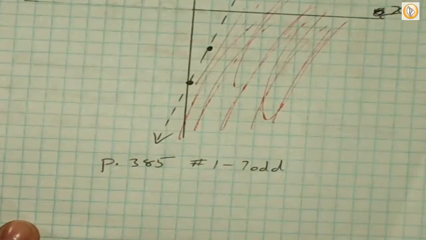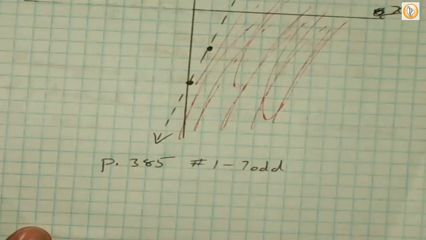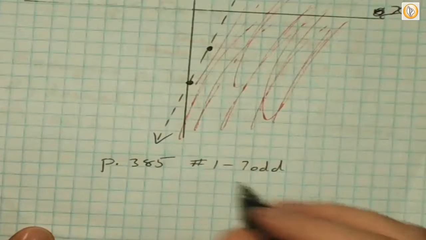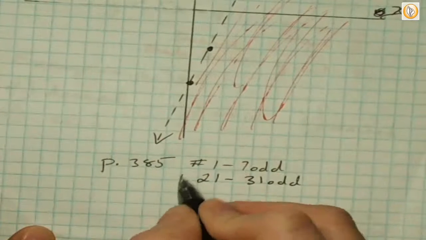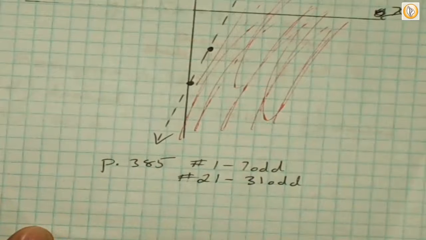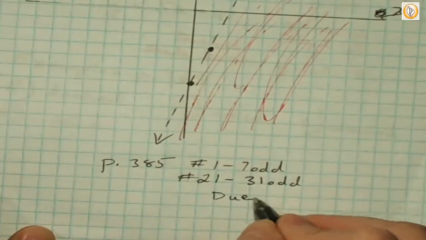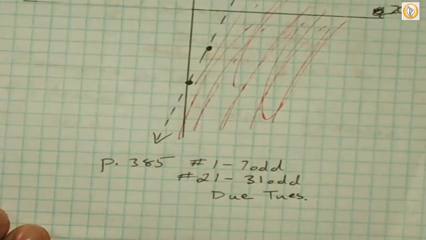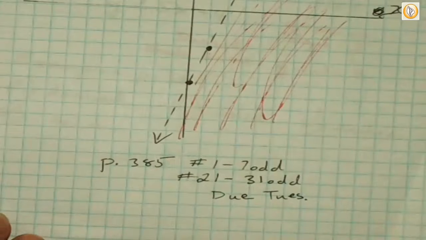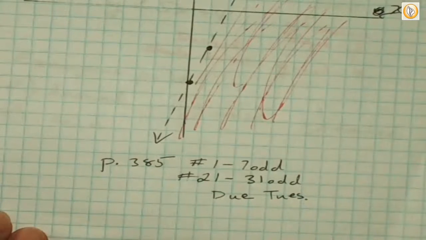And then 21 to 31 odd, that's 6 problems. 1, 2, 3, 4, 5, 6. It'll take longer to graph. So don't play around. Y'all got about 20 minutes.